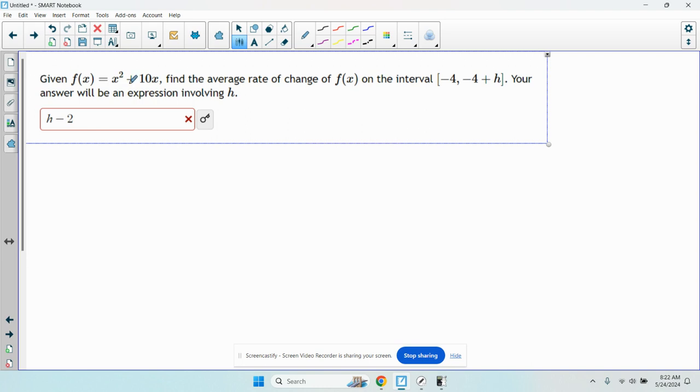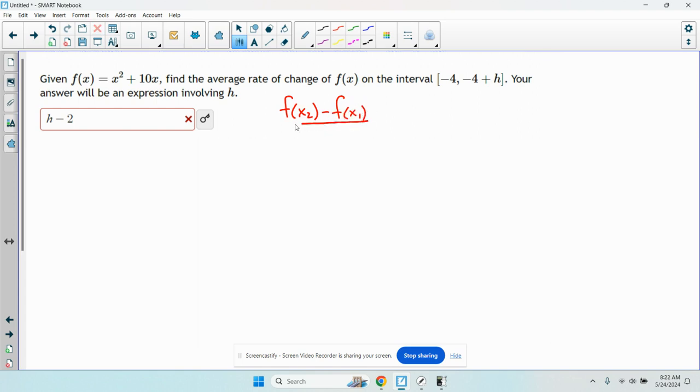Okay, so this is given f of x equals x squared plus 10x, find the average rate of change. The average rate of change is going to be f of x2 minus f of x1, it's like a glorified slope, over x2 minus x1.